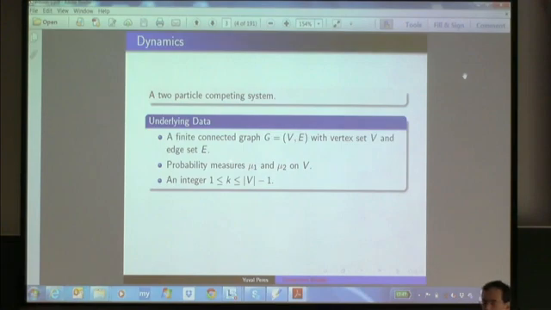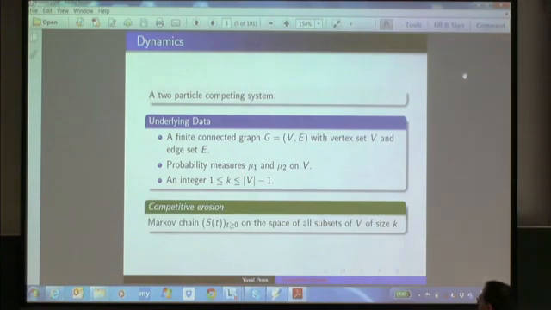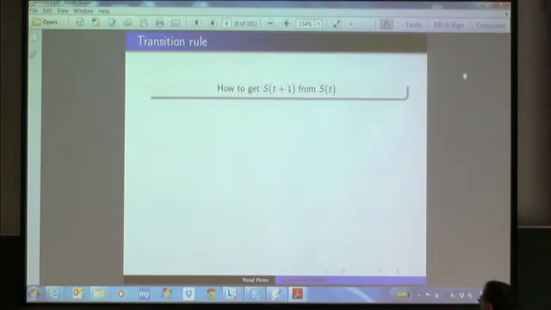So mu1 will be a measure where the blue particles are produced, and mu2 is the measure where the red particles are produced. We'll see how that comes in. And we'll use these to define a Markov chain on the space of subsets of a fixed size of our graph.